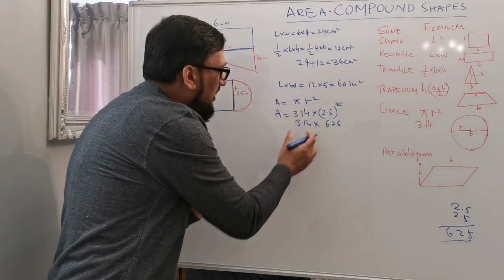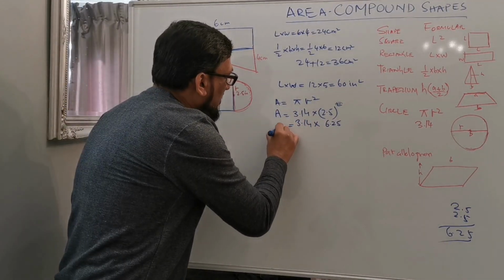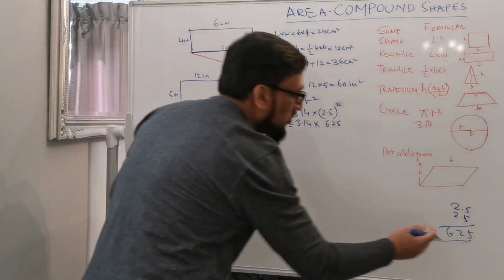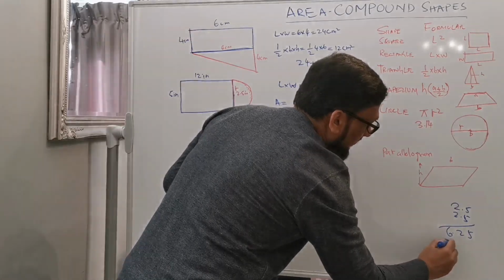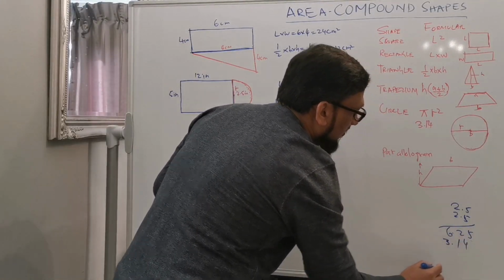Now you can work out the area: 6.25 times 3.14.